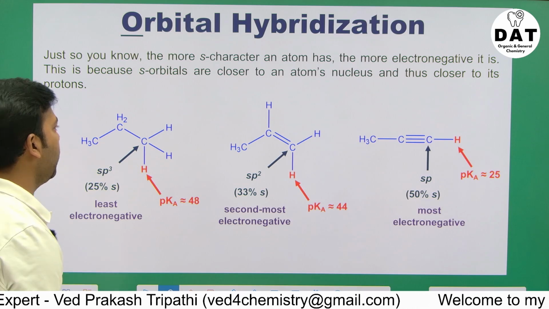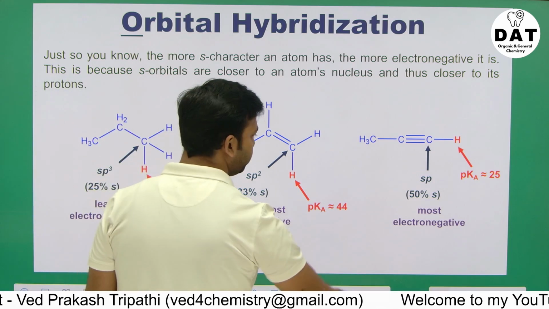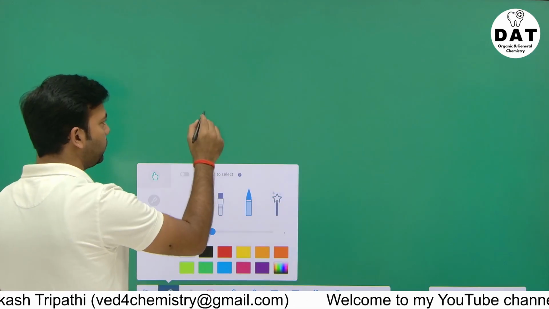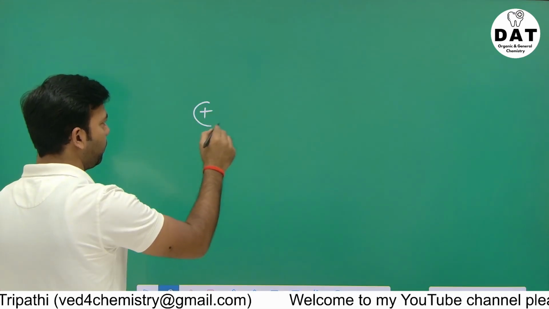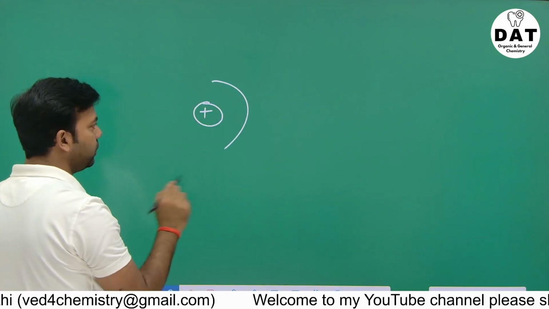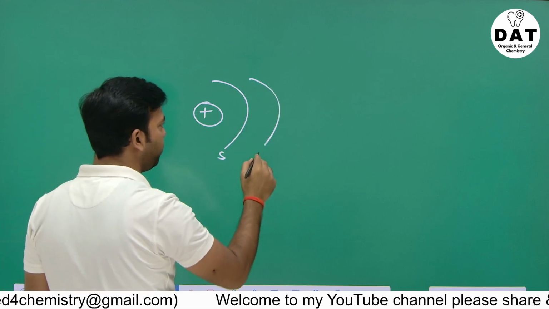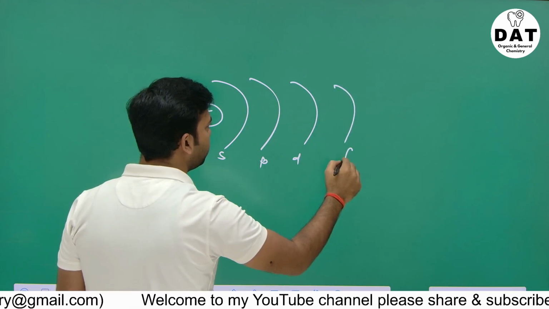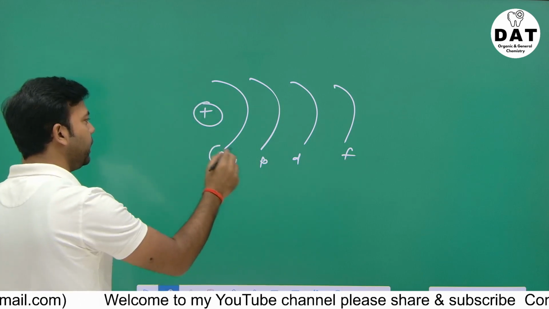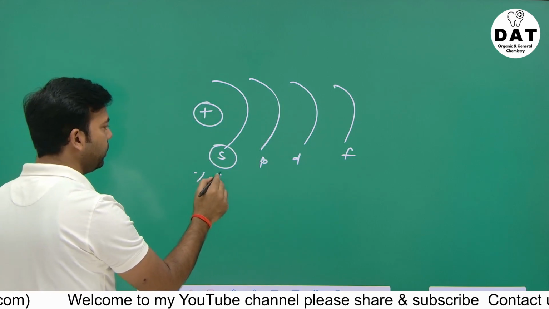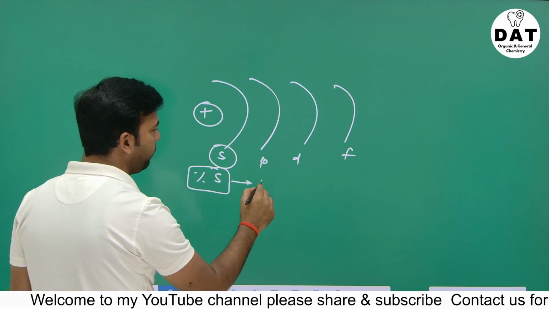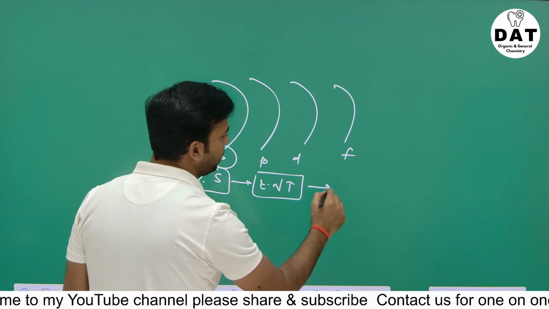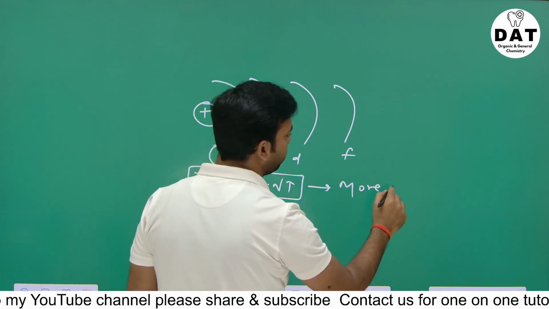Next is orbital hybridization. Look here. This is my nucleus. The very first is S, after that P, next is D, and then F. So the higher the percentage S character, the more the electronegativity, and more electronegativity means more acidic.